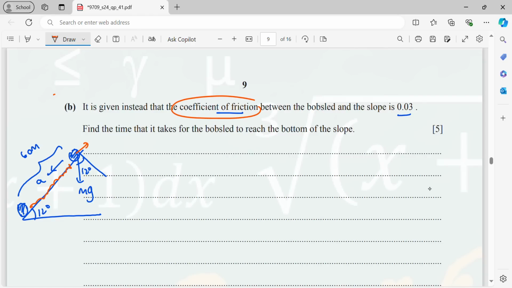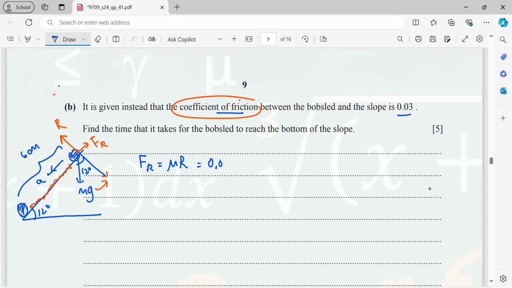Since the motion is going down, the frictional force is going up. This is your Fr. And then the R is directly perpendicular to the plane, so you have to resolve the mg in that direction. So Fr equals mu R. Your mu is given, 0.03.